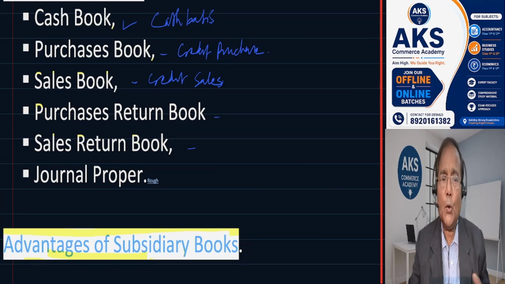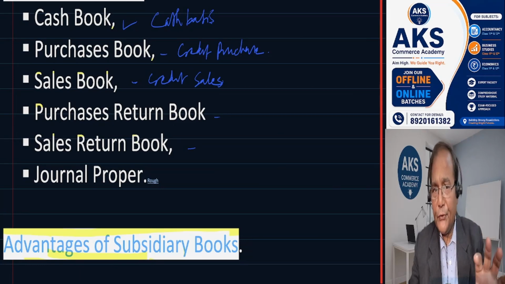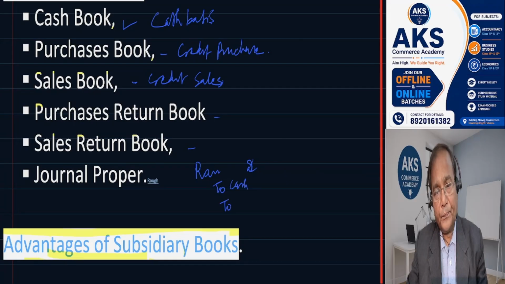For example, discount. There is no subsidiary book for discount, so we will pass an entry. If discount is received, then say Ram, the supplier, Ram debit to cash usually we do, and to discount.